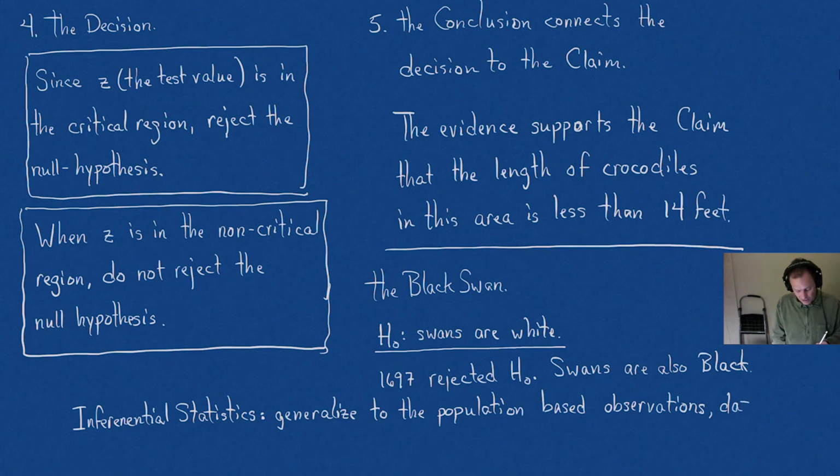We use our data, and from our data we would say everything that our data supports is that crocodiles are shorter than 14 feet. And so we make a generalization to the whole. Is it flawed? Of course. However, it does work quite well. Welcome to hypothesis testing. I hope that helps, and thanks for watching.